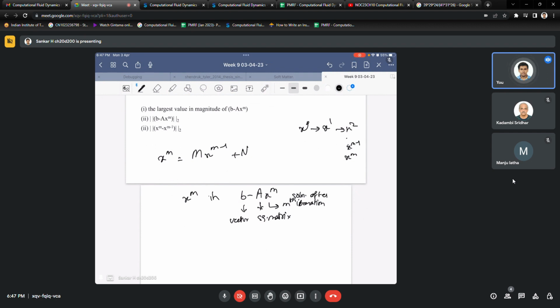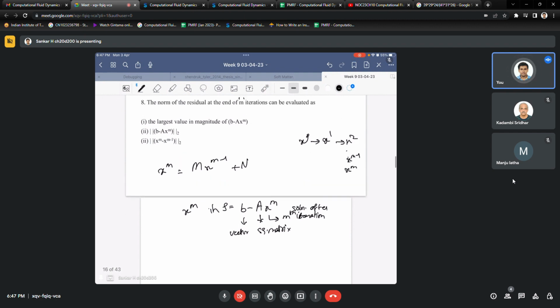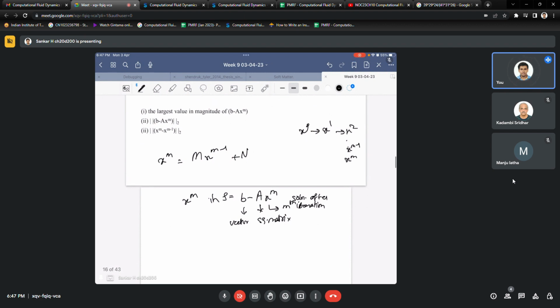When we put this back, we get another vector. We call that the residual, and this residual can be characterized in many different ways. Basically, we take the norm of the vector, and the vector norm is defined in multiple ways.